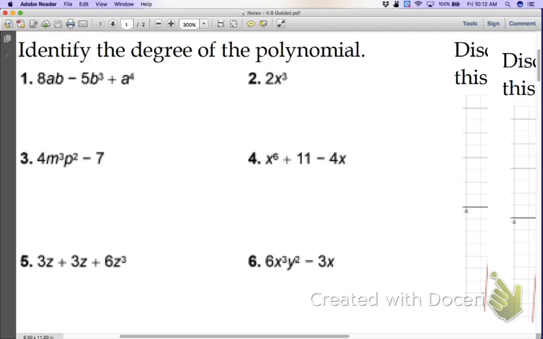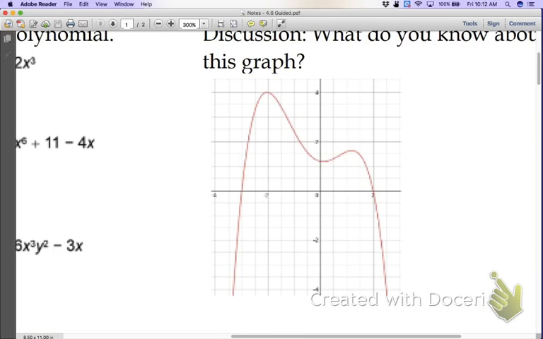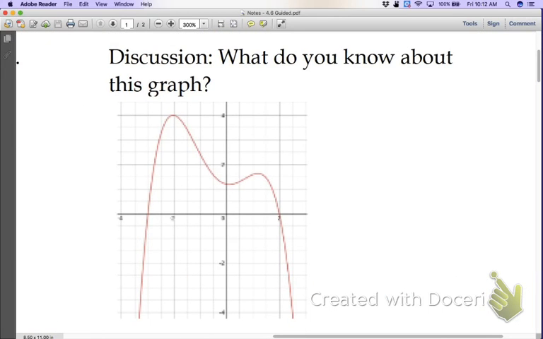So now, over here to the right, what do you know about the graph? What are all the things that you can tell me? Leading coefficient is negative. Is it an odd or an even power?